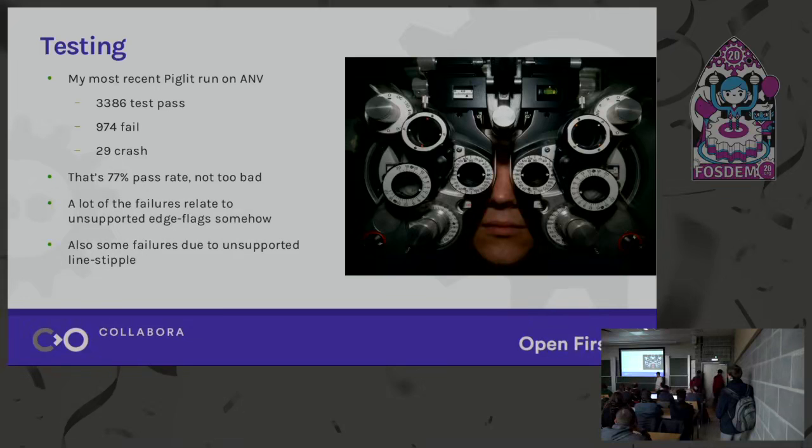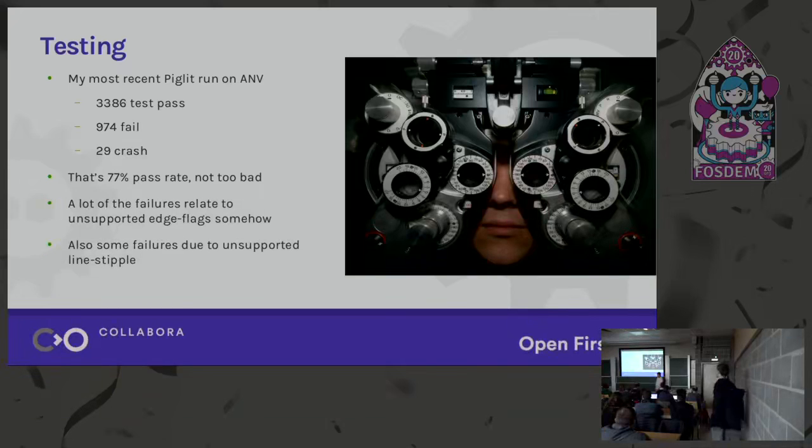Most of the failures right now, or at least a big bulk of them, have to do with unsupported edge flags, which we need to do something more clever about. Right now we just throw an error and give up. Also some stuff due to unsupported line stipple.